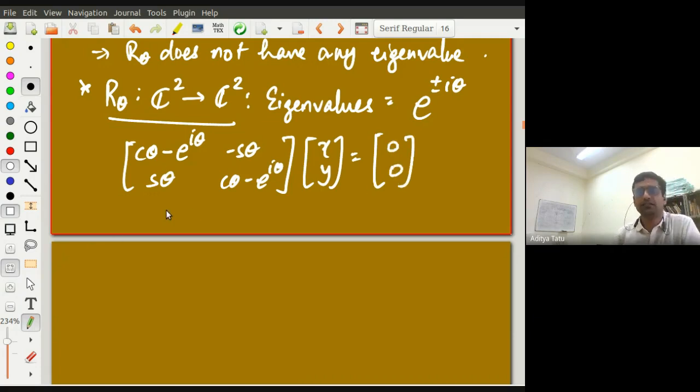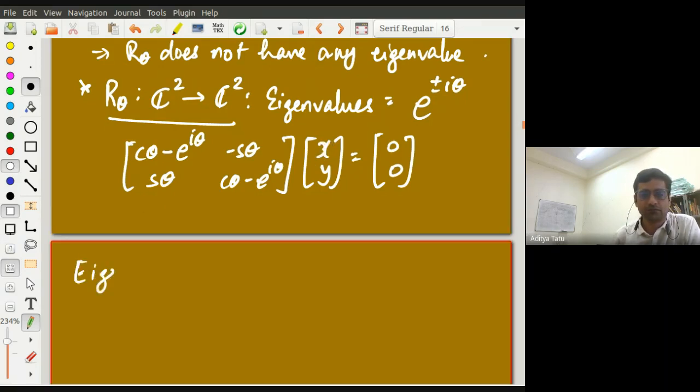I want to find the non-zero vectors in the null space of this matrix, right? So what is x and y? Solve for x and y. It's just a 2 by 2 system.